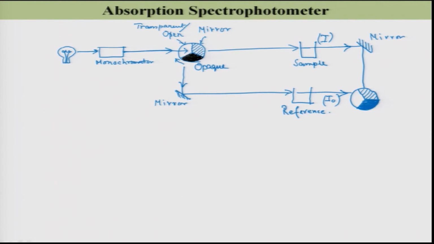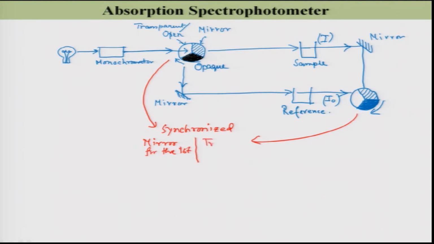And you set the mutual rotation of these two circular mirror systems so that these two rotations are synchronized in such a way that when this one is mirror for the first one, that means this light will be reflected like this, it will be a transparent area for the second one, transparent for the second one, right.